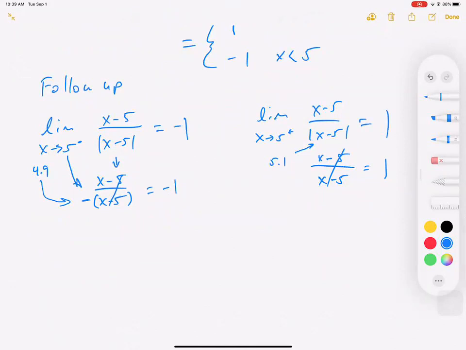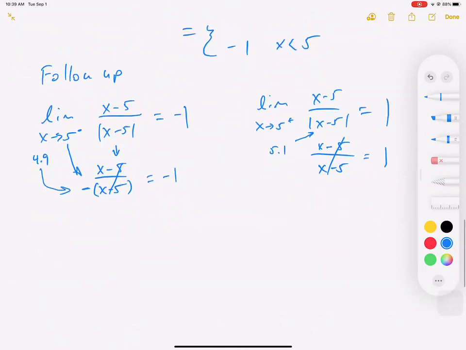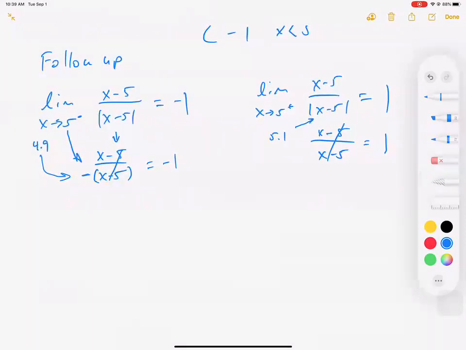Let's do another problem like this and see if it makes any difference. Okay, just a follow-up question.